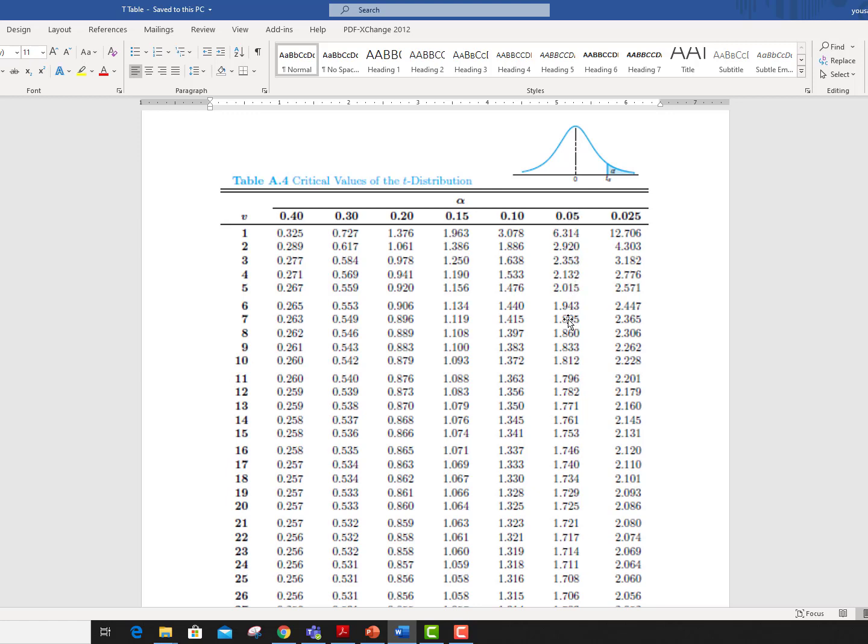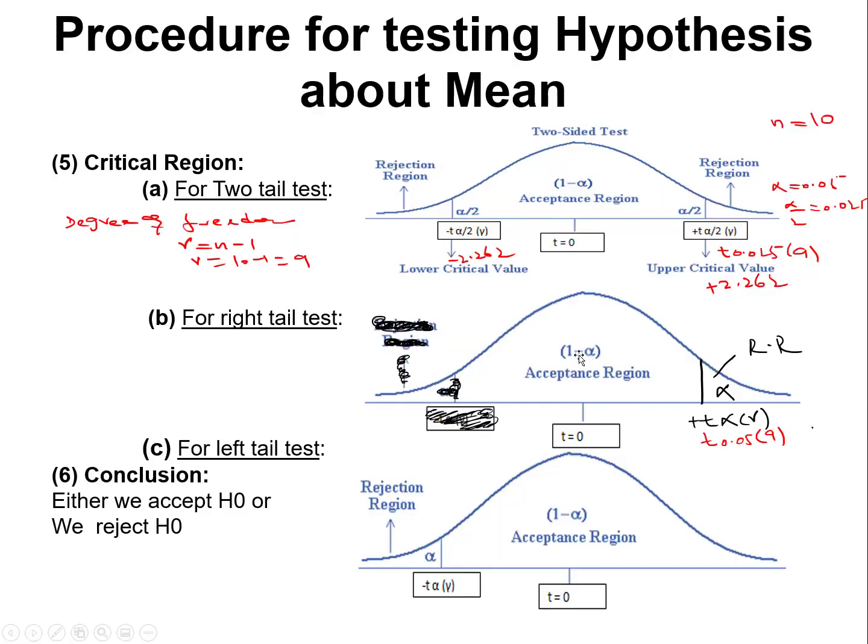Now we find the value of 0.05 for degree of freedom 9, which is 1.833. So we write 1.833. Similarly, if you want to find minus t 0.05 with degree of freedom 9, this will be minus 1.833.